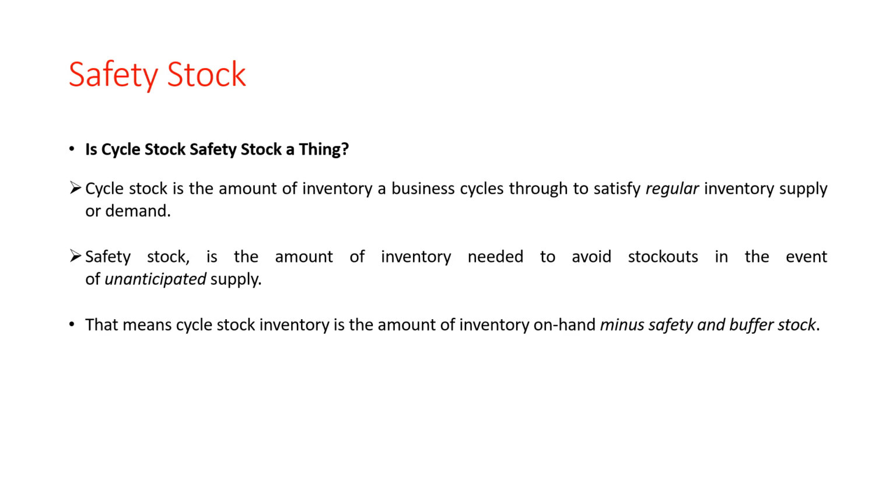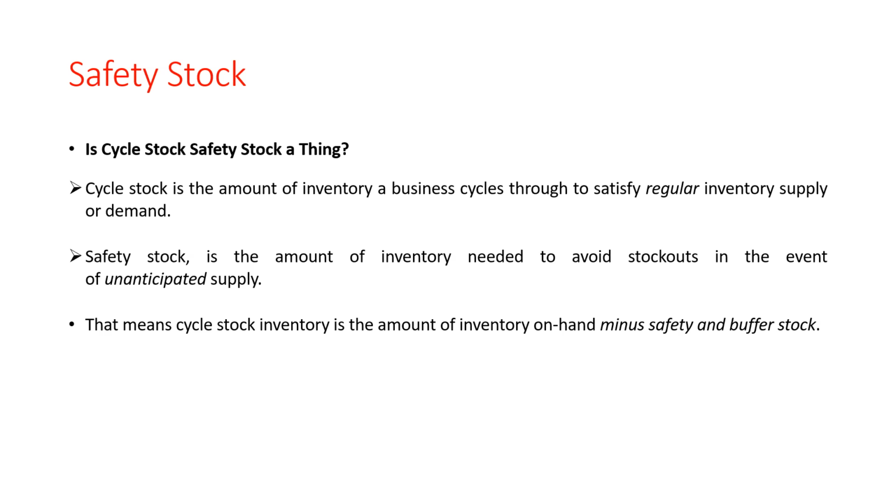Cycle stock and safety stock are defined against each other. Cycle stock is the amount of inventory a business cycles through to satisfy regular supply or demand. But the safety stock is the amount of inventory needed to avoid stockouts in the event of unanticipated supply issues.